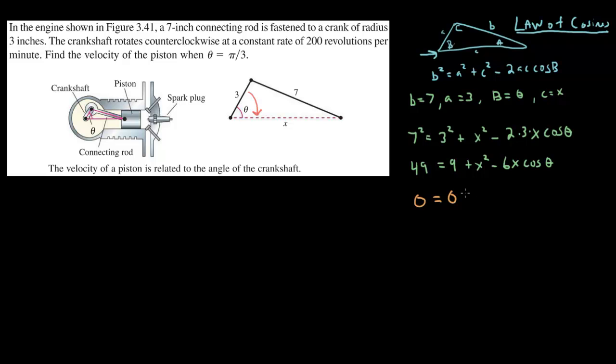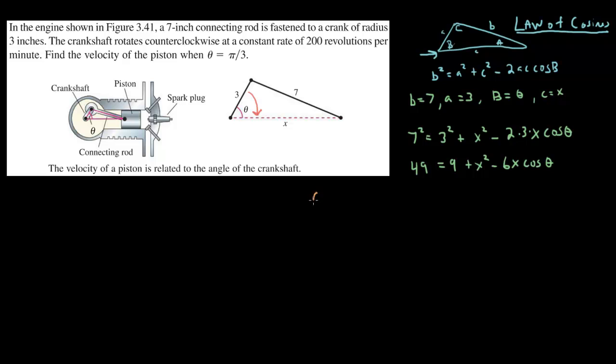The derivative of x squared is 2x dx/dt. Oh, now we have 6x cosine theta. I should have given myself a little more room here. In fact, I'm going to back up and just do that, because that's a product rule.